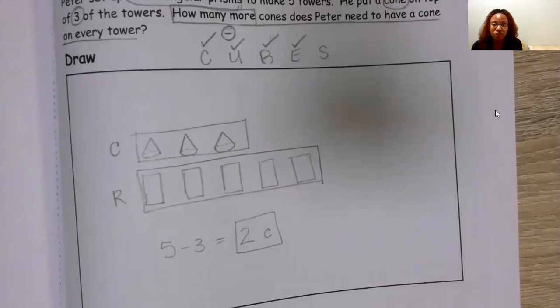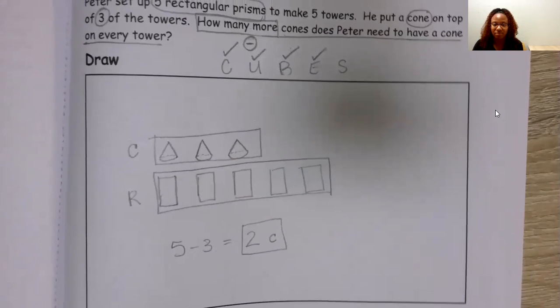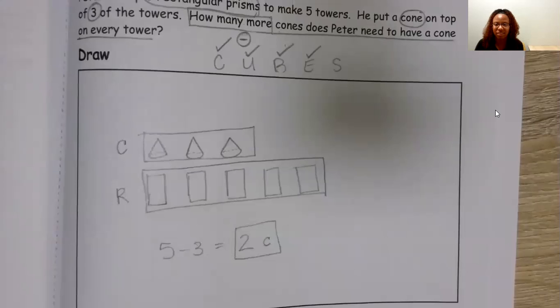Now, before I show you my statement, go ahead and share with me what you wrote down for your statement to answer our question. How many more cones does Peter need to have a cone on every tower? And if you didn't have a chance to write it down, that's okay. What would you have written down?